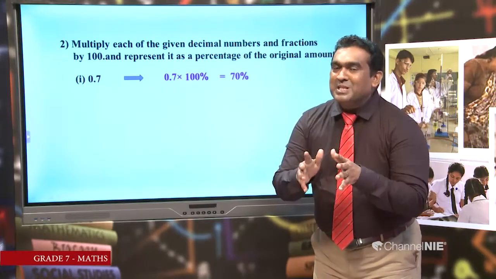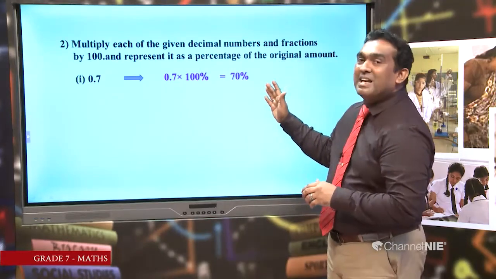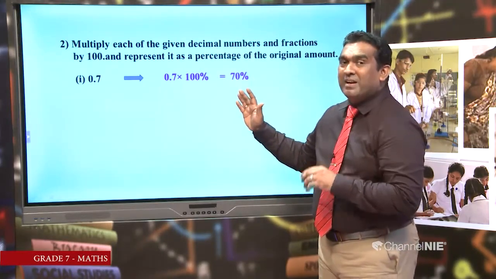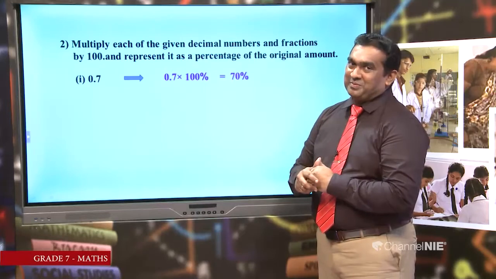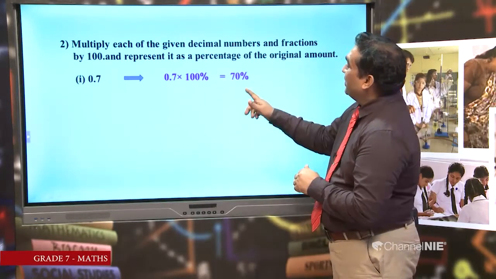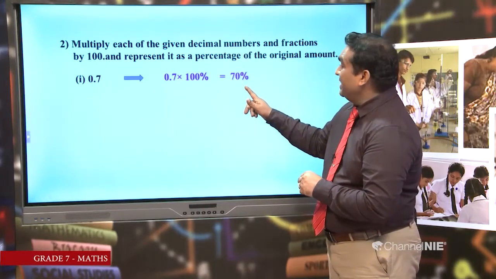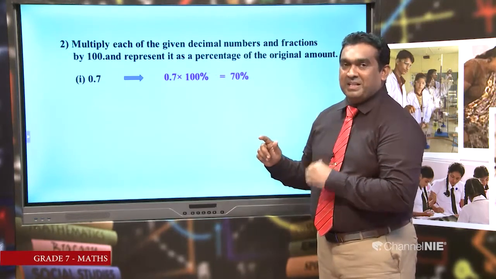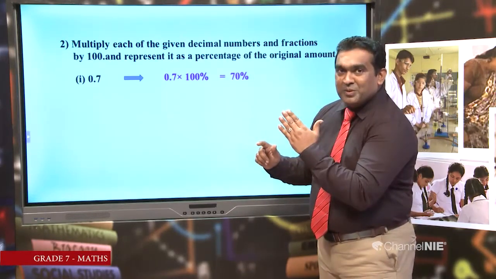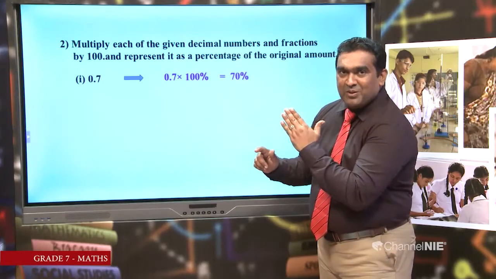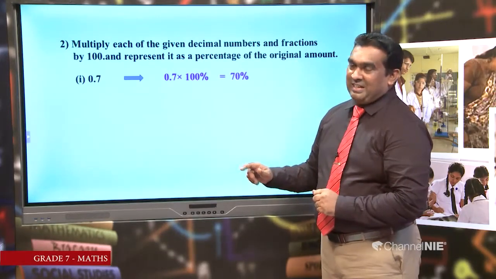One decimal place means from the right hand side you have to drop one 0. As a result of that, you have not 770%. 700, drop 0, then 70.